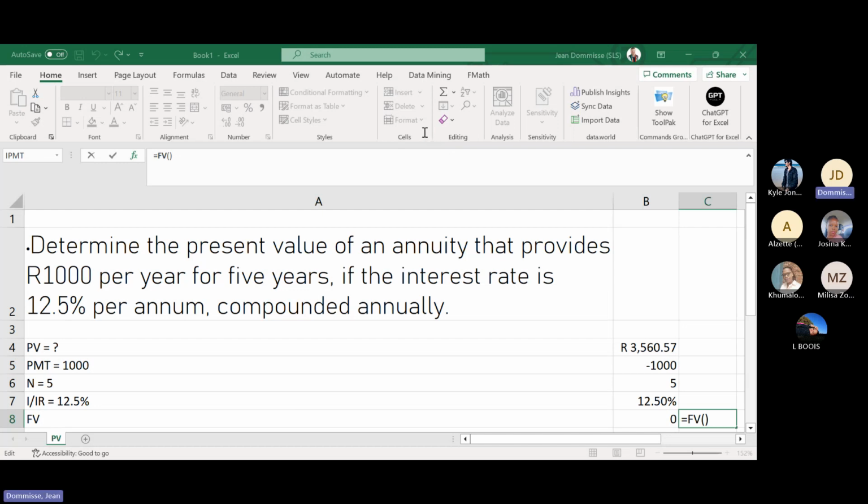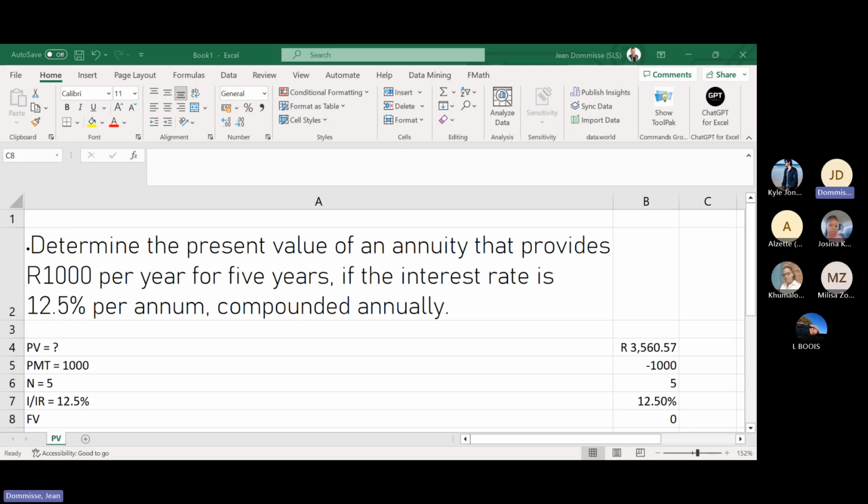You put in the rate, you put in the times per year or how many times it happened, your monthly, yearly payment, and then your present value would have been 0. So very similar happening if you need to work out the future value. Okay, so this is one example. You could have used your financial calculator as well.